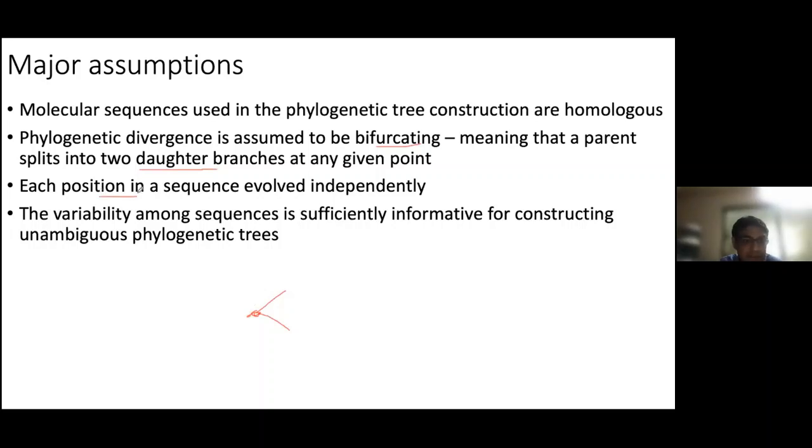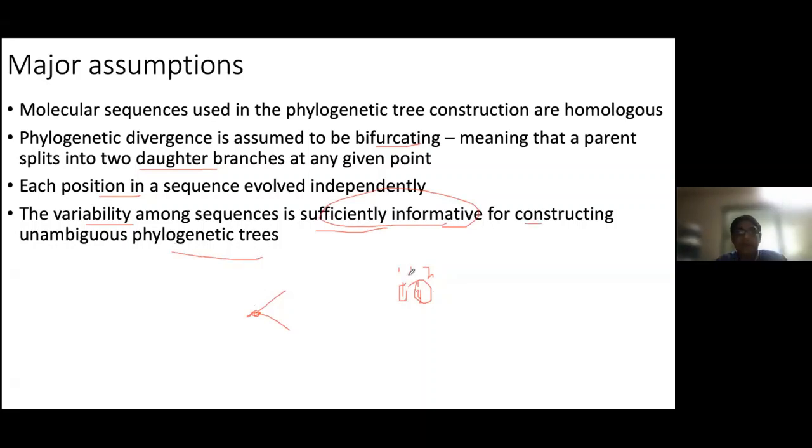And each position in a sequence evolves independently. As we said, you look at the different positions, and they have all evolved independently. Some positions you'll find conserved, and some positions you'll find diverse, different from each other. The variability, the differences in the sequences, must be sufficiently informative to construct an unambiguous phylogenetic tree.